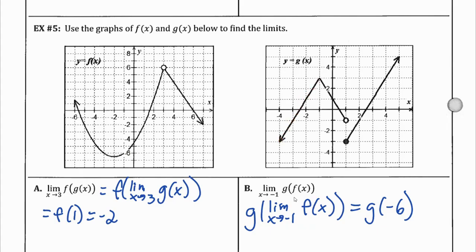So if we have the point negative 4, negative 3, we're going to have the point negative 5, negative 5, and then we'll also have the point negative 6, negative 7. We do have to use our imagination there a little bit because we know that this line keeps going on and on and on. And so this is going to end up being negative 7.